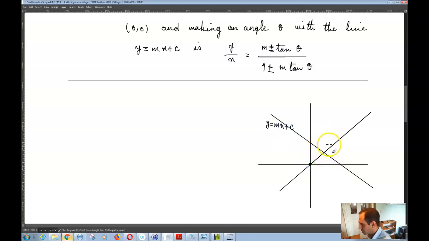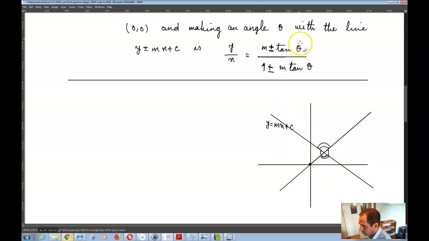It makes an angle of theta. Now theta could be this angle, you have basically two angles over here, meaning that this angle is equal to this angle and this angle is equal to this angle over here.